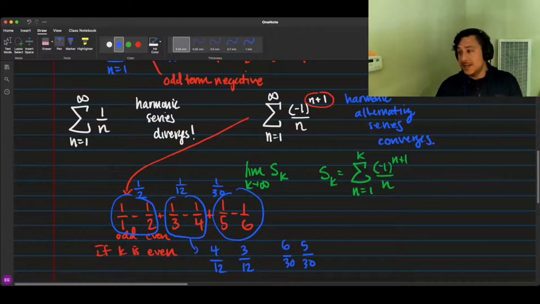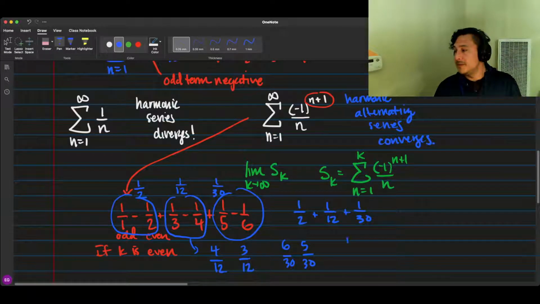So anyways, you look at this. Basically your partial sum is going to be like 1/2 plus 1/12 plus 1/30th. And then what you could actually do is compare this to another sequence, such as this one. If you look at 1/2 to the n, the first terms would be 1/2, and then the second term would be 1/4, and the next term 1/8.